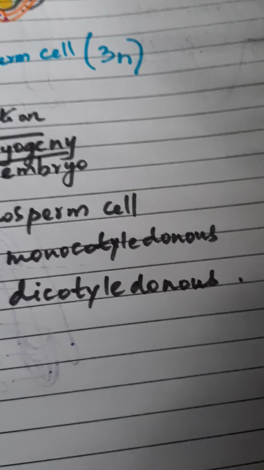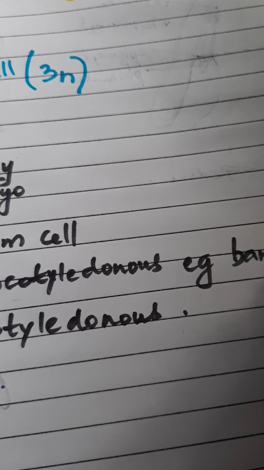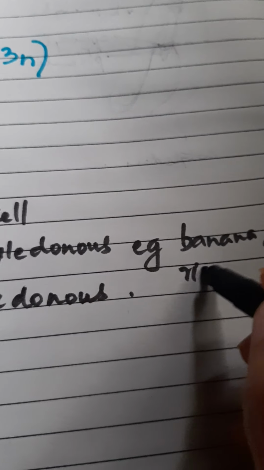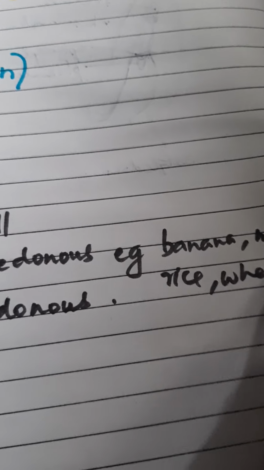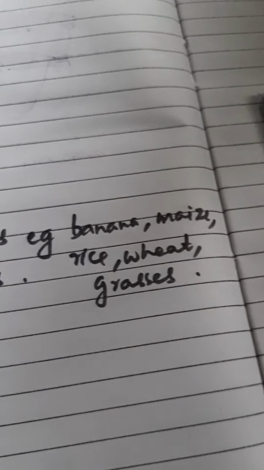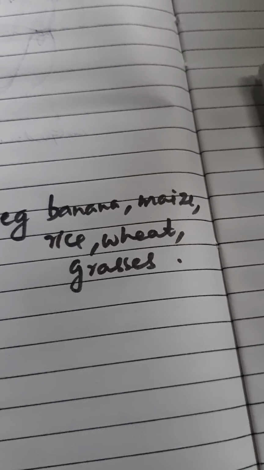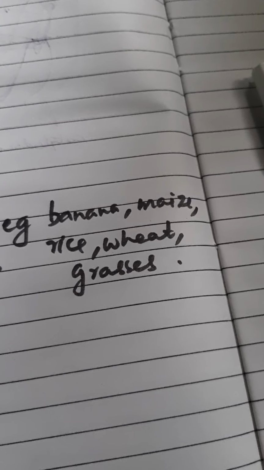Monocot seeds examples, we can see monocot plants like banana, they are monocot, maize, rice, wheat, grasses, they are all monocots. We can distinguish monocots from dicots by looking at their leaves. They will have parallel venation, and also there will be only one cotyledon inside the seed.